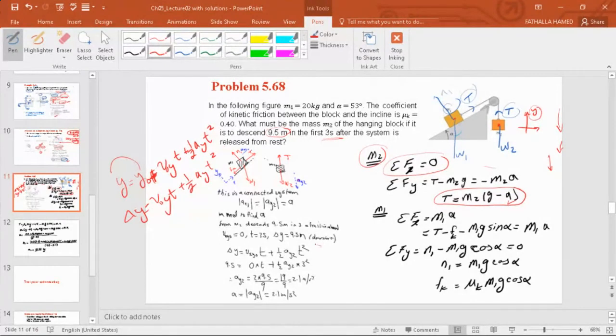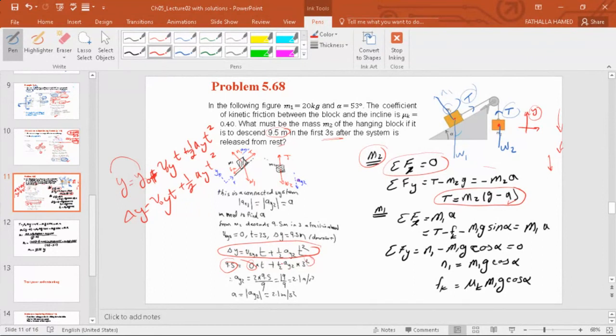So what we have here, we say that delta y equals the v0y, and we put 2 here to indicate that it is mass 2, plus 1/2 ay t squared. Delta y is 9.5. It is starting from rest, so this will equal 0, plus 1/2 ay t squared.